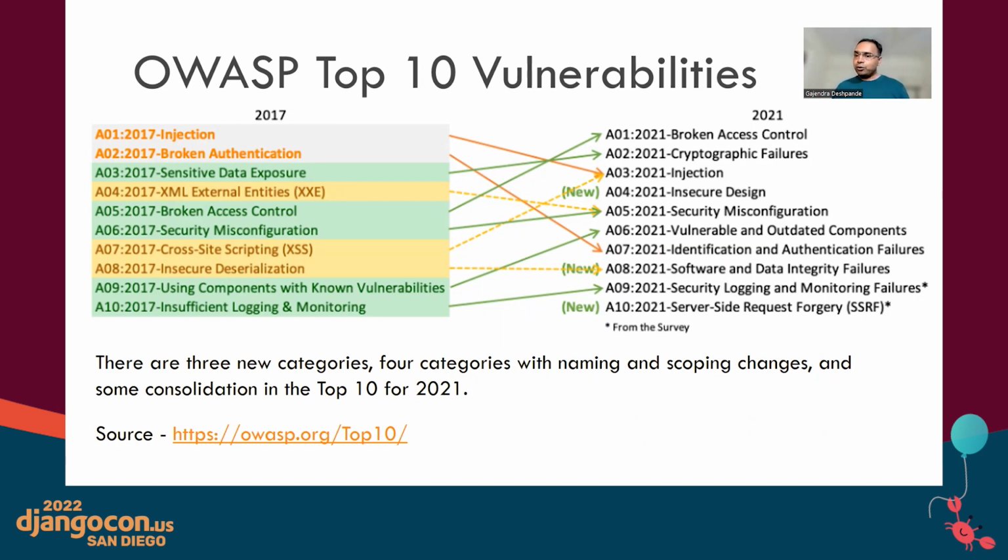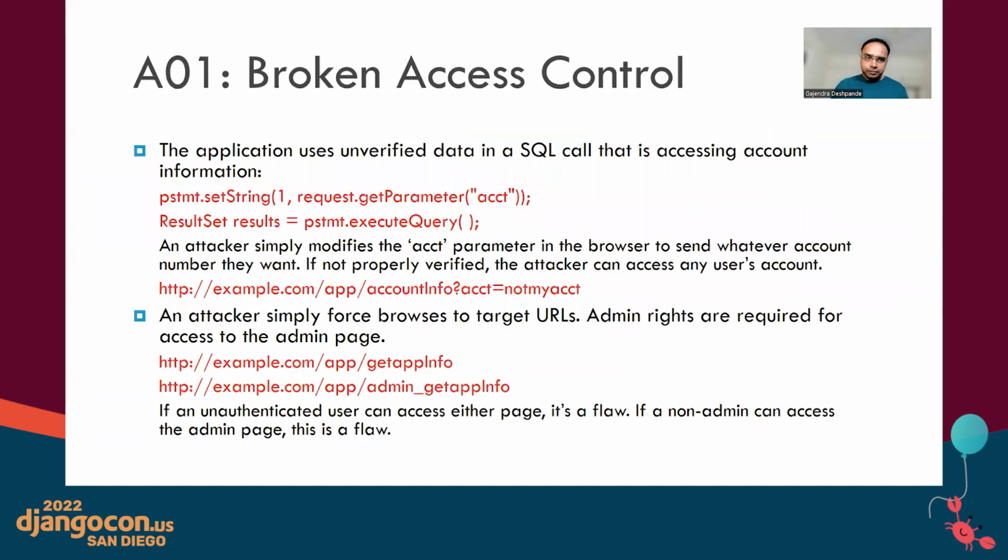Now in 2021, broken access control has got the first rank, whereas it was fifth in 2017. Basically, there are three new categories and four categories with naming and scoping changes, and some consolidation in the top 10 for 2021. Now let us discuss all these issues and the possible remedies one by one.